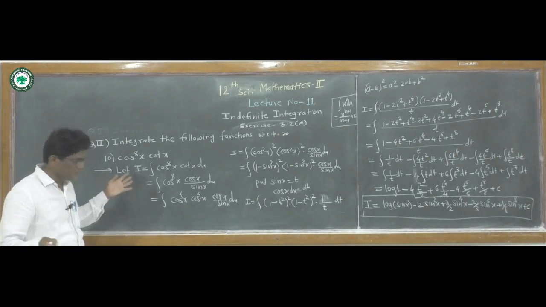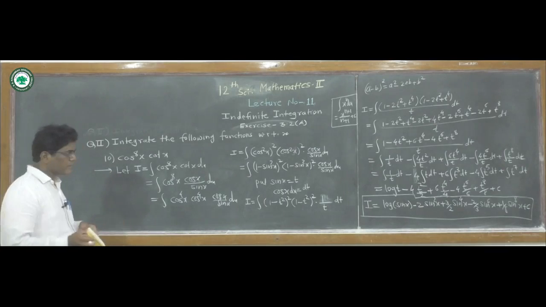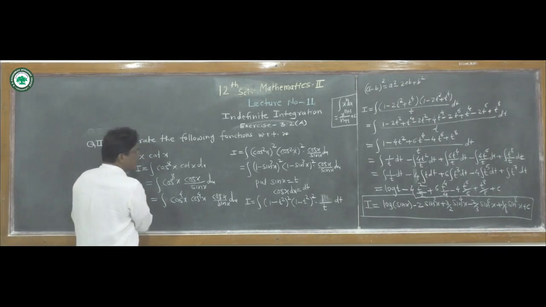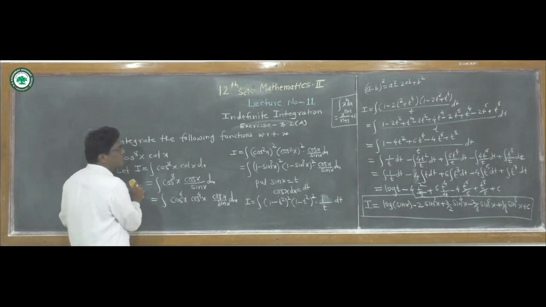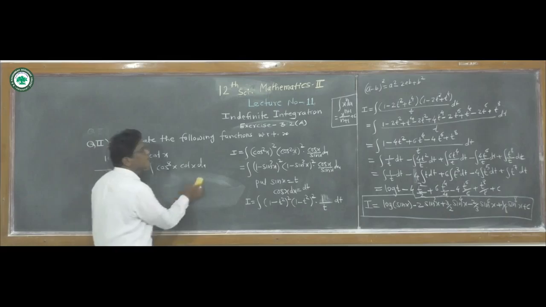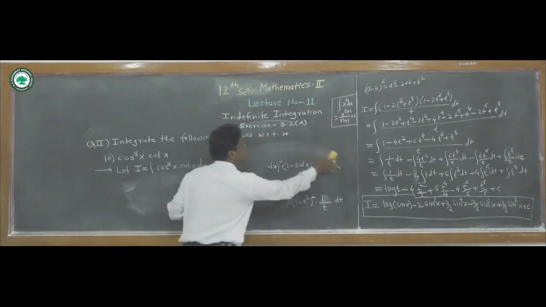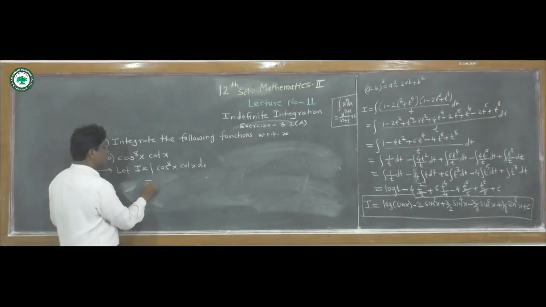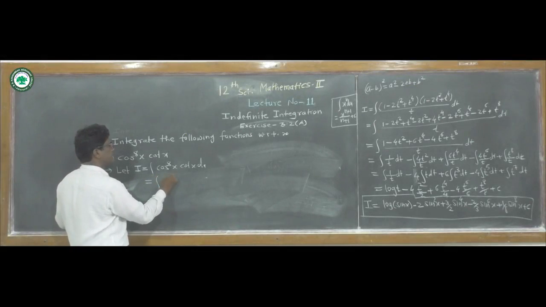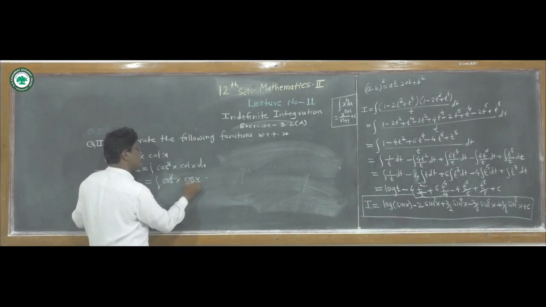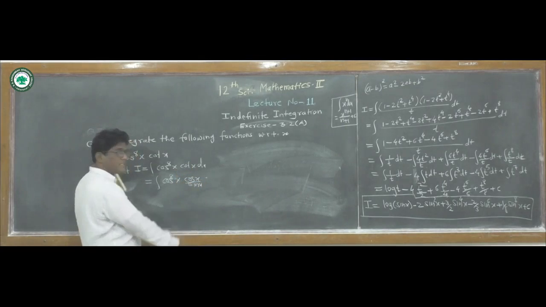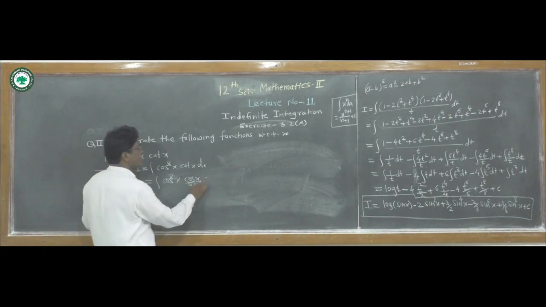So here we solve this problem by the second way. This is one method, another method is here, new book, new answer. So see here how to solve this. This is equal to integration of cos raised to 8x as it is. This cot x we write as cos x upon sin x.